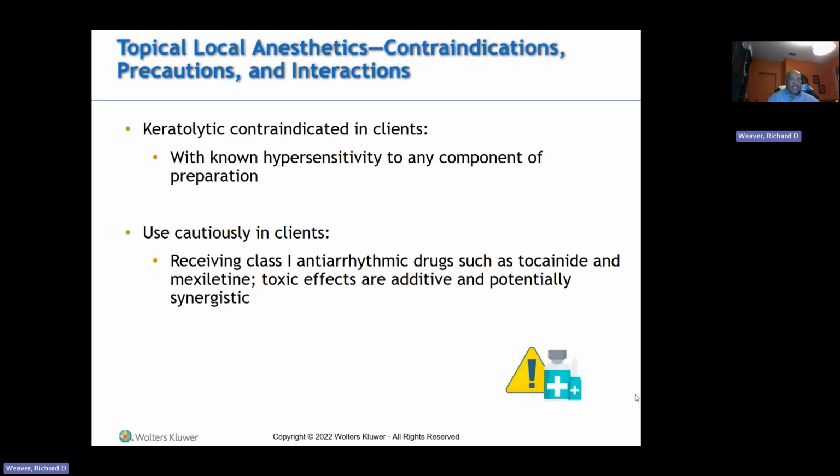And when we talk about synergistic, it's just making it work stronger than what it usually does by itself. That can be a bad thing because we don't want an effect that is exaggerated, that is too powerful. That is not what we're looking for.